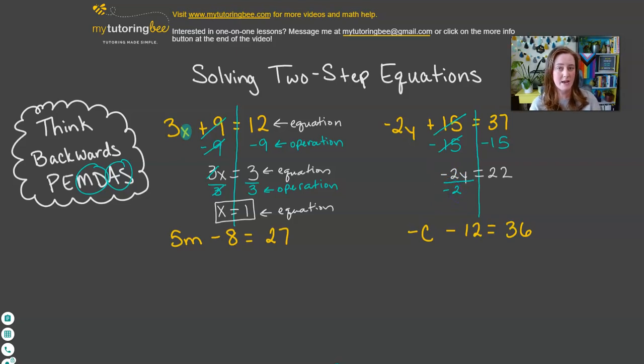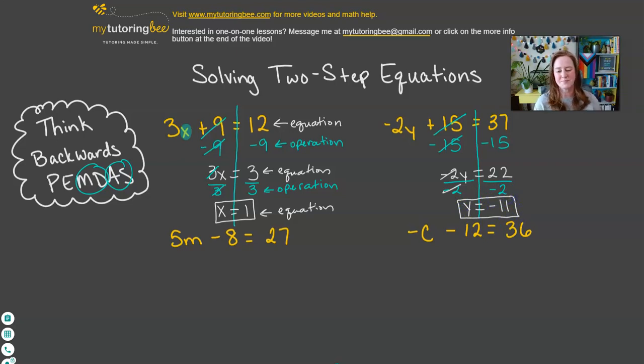Whenever we're dividing negative by negative, that results in a positive. So we're going to divide by -2 over here as well. So this -2 cancels out, leaves us with just y, and then 22 divided by -2, positive divided by a negative, gives us a -11.